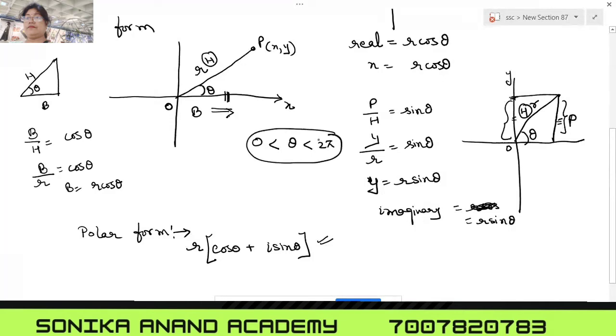We can take all the angles from the x-axis. If you observe the figures carefully, clear? And if the value is from minus pi to pi, in between that, we take the values.